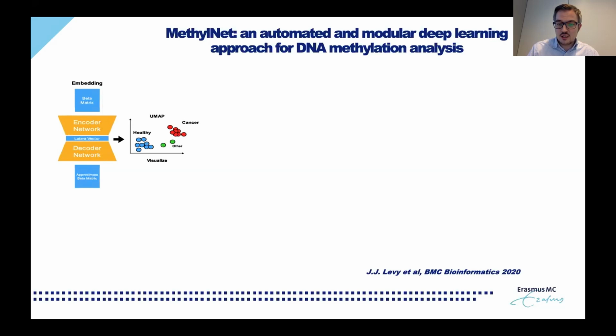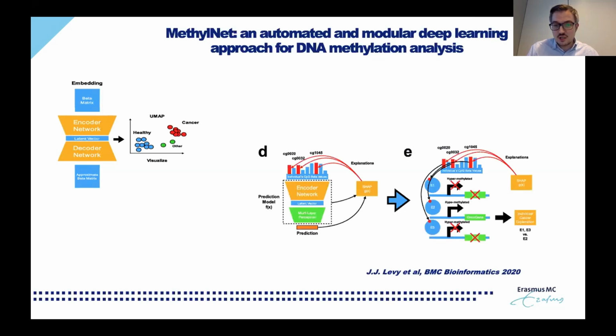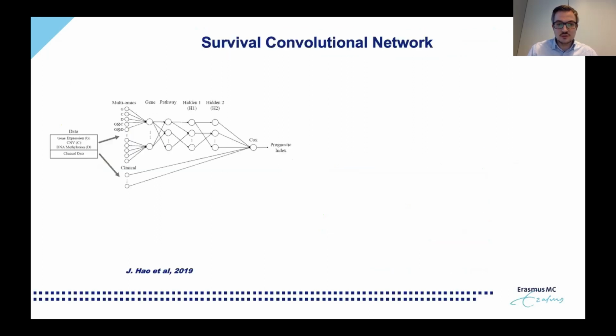What is interesting is that using a method for explaining your prediction accuracy, SHAP, which I will mention later in the presentation, you can see which CpGs are important for this clustering. You can go back to your raw data and see that some CpGs contribute more to healthy subjects and some to cancer. That's also an interesting application of autoencoders.